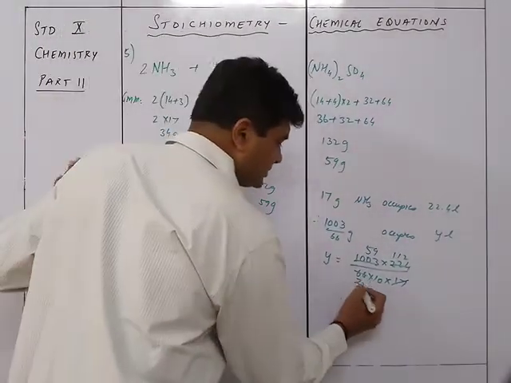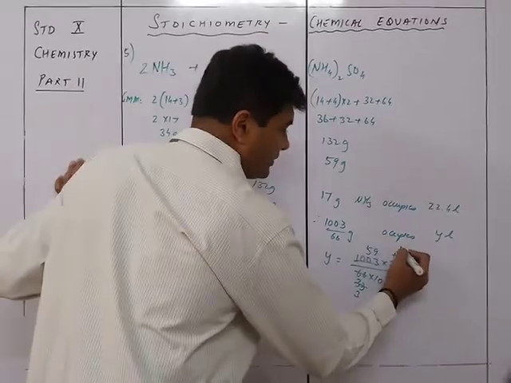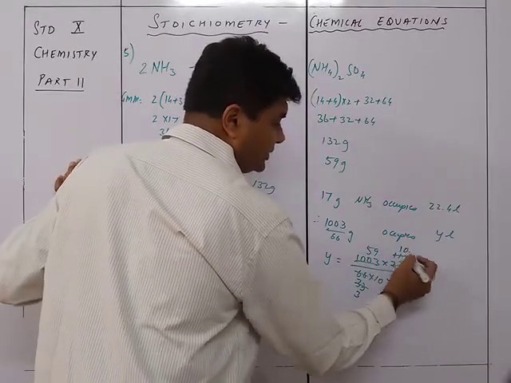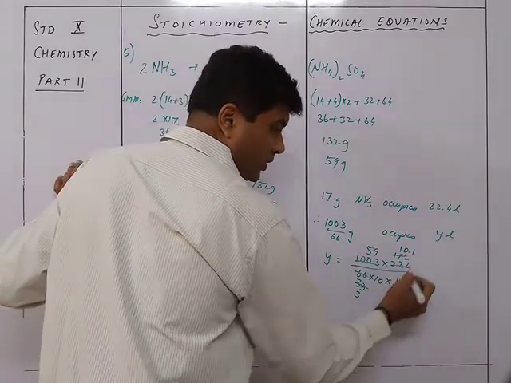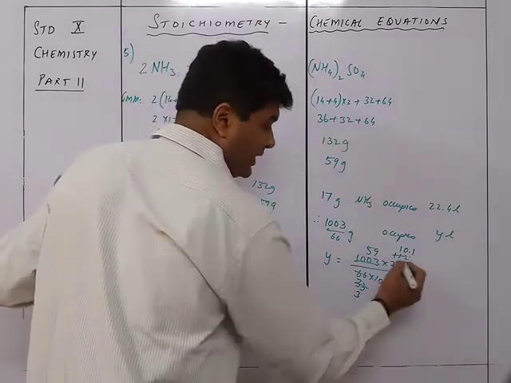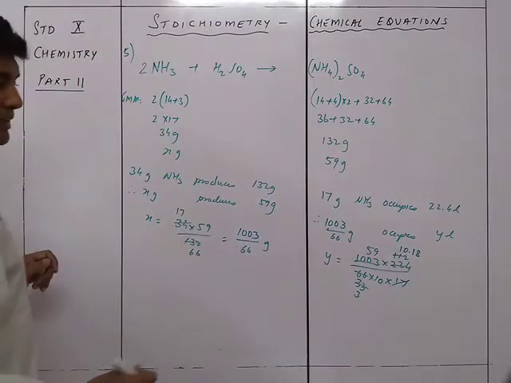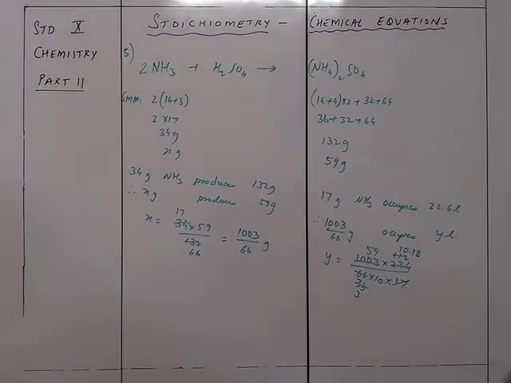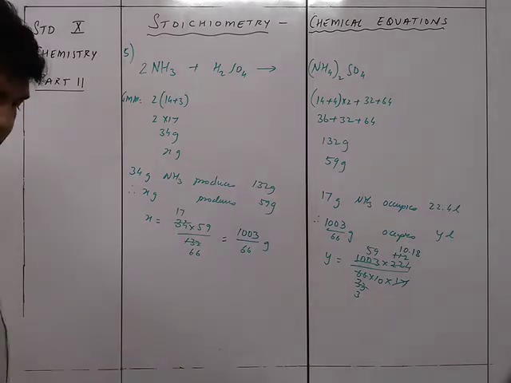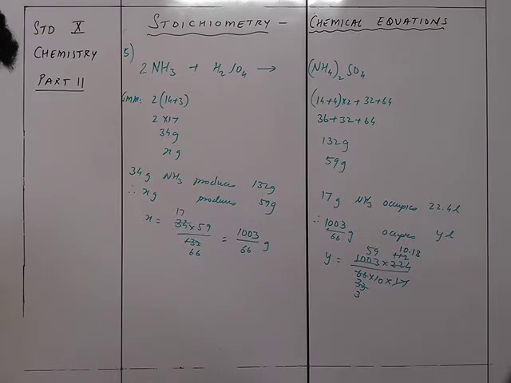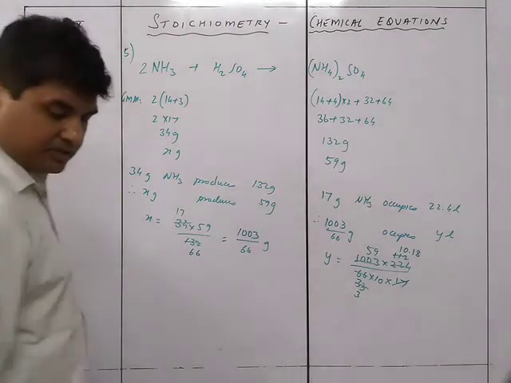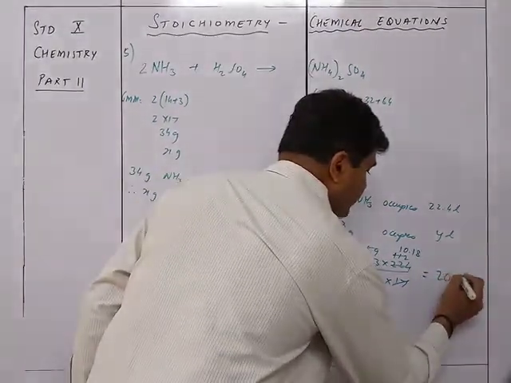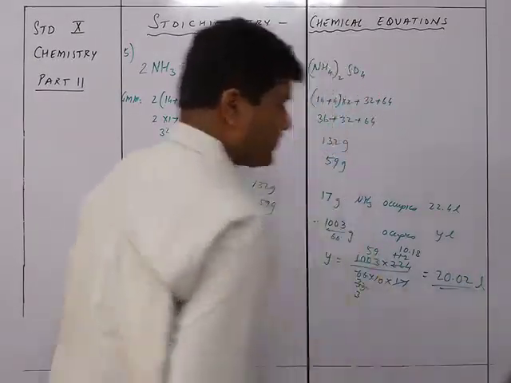At least you can take it in decimal points and find the answer directly. So that will be 59 into 10.18 divided by 30, which gives you 20.02 liters.